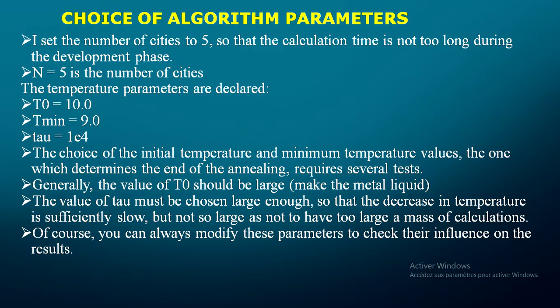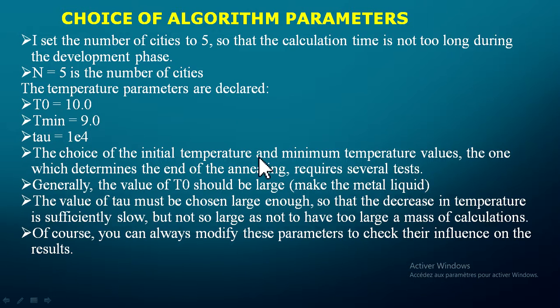So what is the choice of the algorithm parameters? I set the number of cities to 5 so that the calculation time is not too long during the development phase in this video. So we have n equal 5 cities. The temperature parameters are declared: the initial temperature, the minimal temperature, and the parameter tau or alpha.